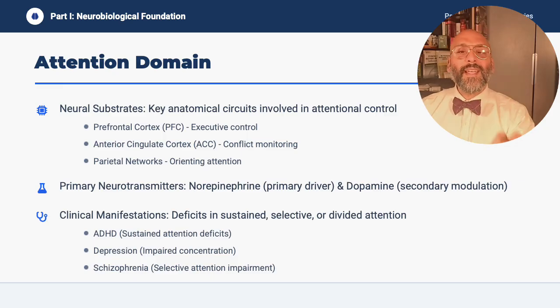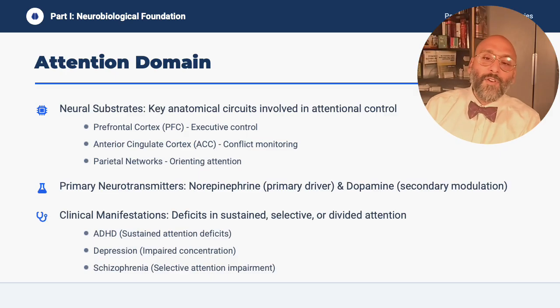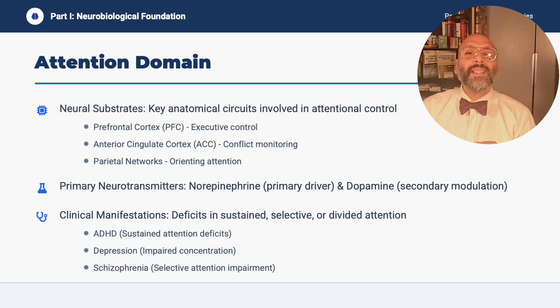The important takeaway is similar symptoms do not imply the same mechanism, and treating attention without understanding that underlying driver is how we end up over-prescribing stimulants or missing better targets altogether. So we'll come back to this domain later when we talk about how attention complaints should not trigger stimulant treatment.